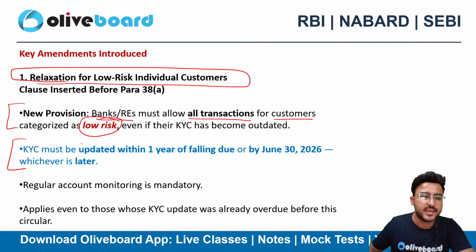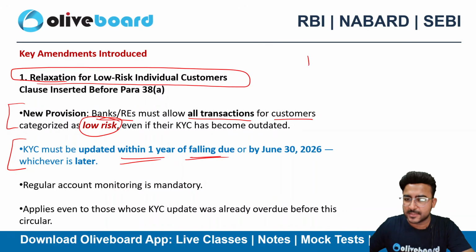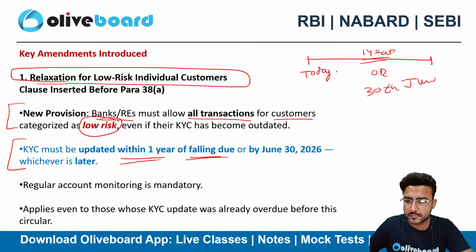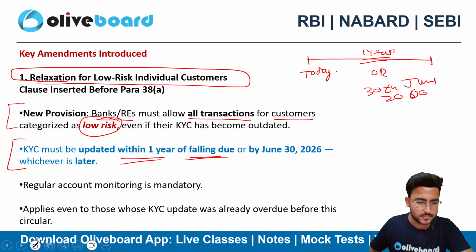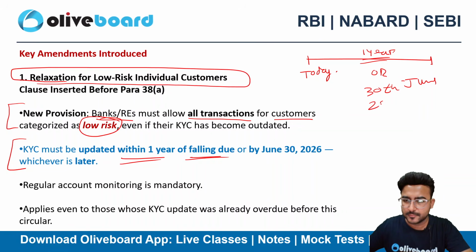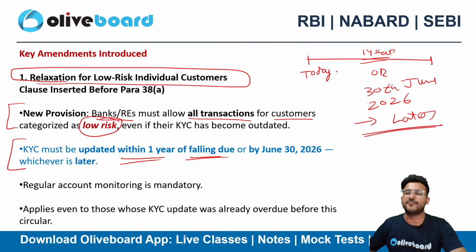What is this someday? KYC must be updated within 1 year of falling due. So let's suppose it's falling due as of today. So within 1 year, I need to get my KYC done, or June 30th, 2026, whichever is later.